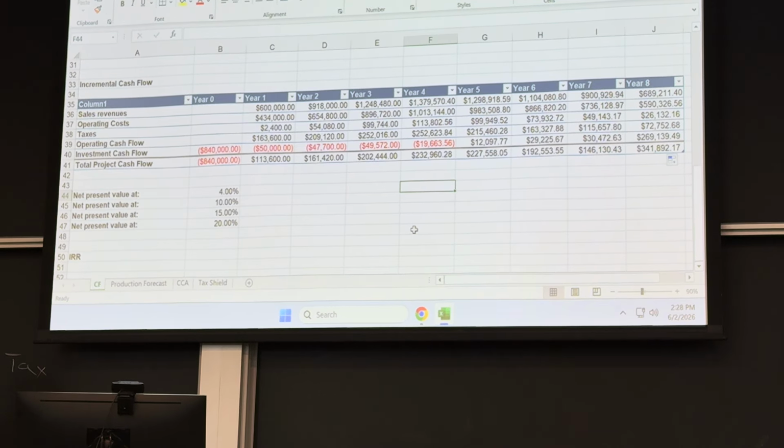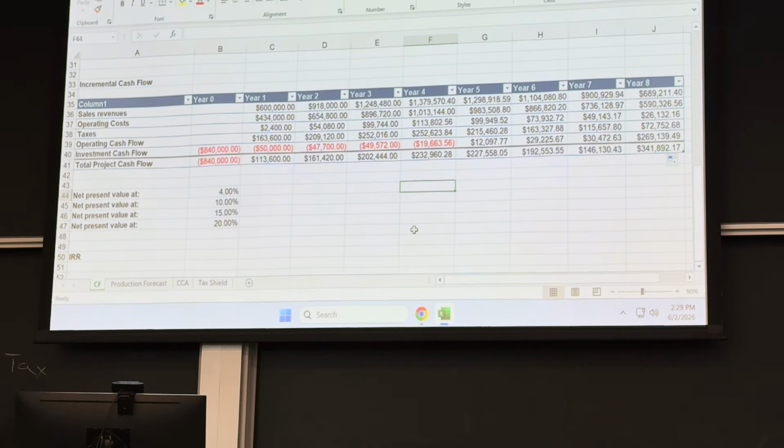Negative 840,000. The next year, year number 1, we have 113.6 in the thousands. Year 2, 161.4. Enter. Year 3, 202.4. Year 4, 233, just rounding this up. Year 5, 227.6.